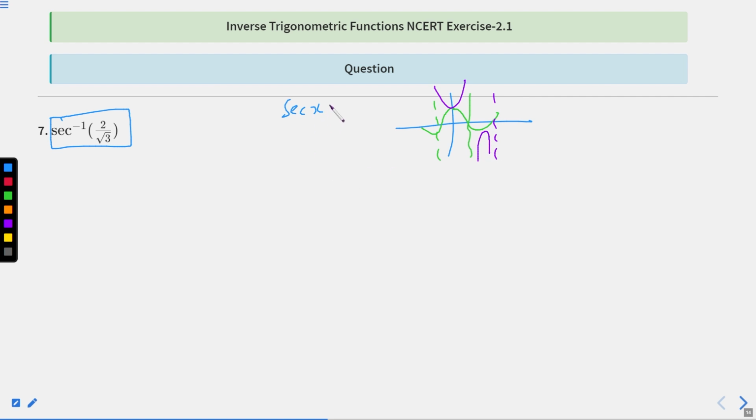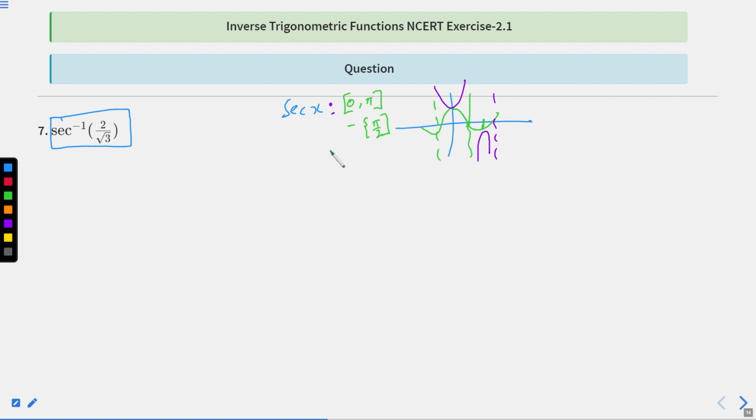From 0 to pi, but excluding pi by 2, because at pi by 2 cos x becomes 0.